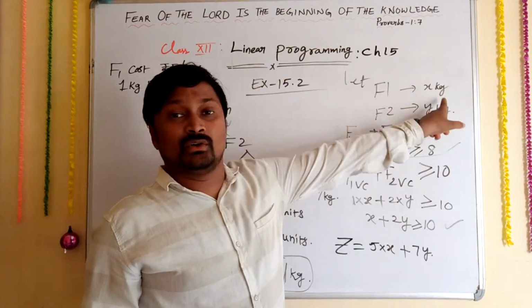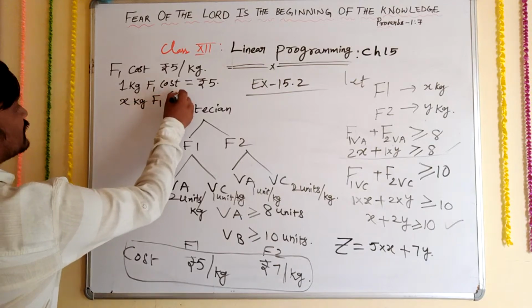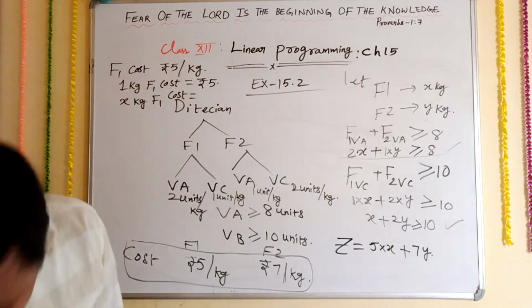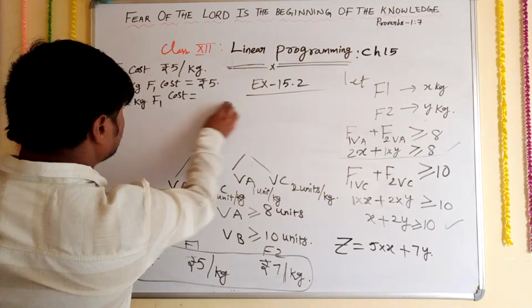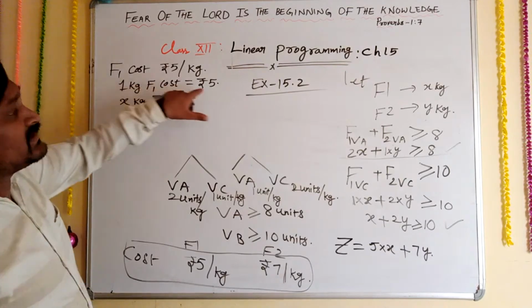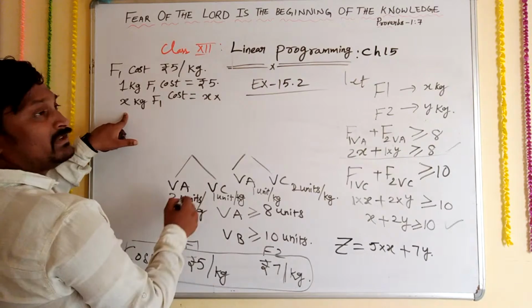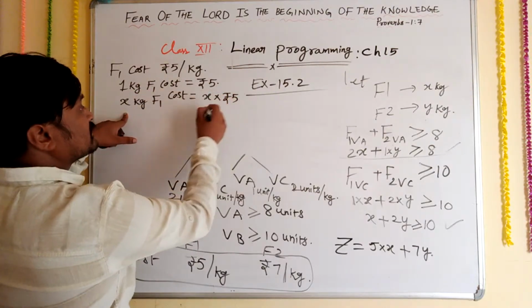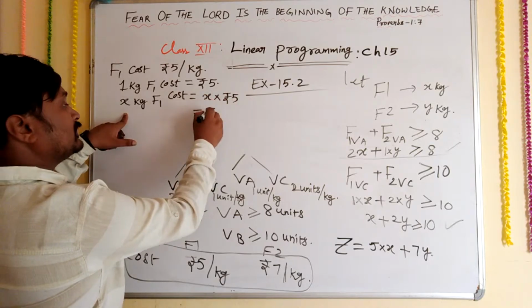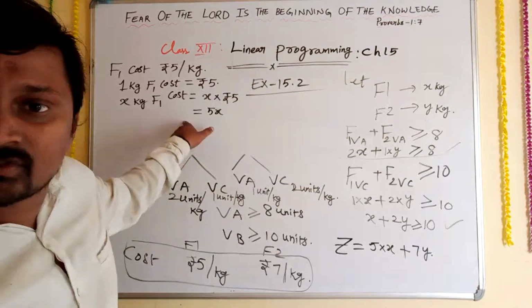We don't know that, we thought as X kgs. So X kg of food 1 costs, what are you going to get? 1 kg is rupees 5, X kg means X is multiplied with the cost of 1 kg of food 1, that means rupees 5. So X into rupees 5, that is 5x. Clear now? How we got this 5x, understood?